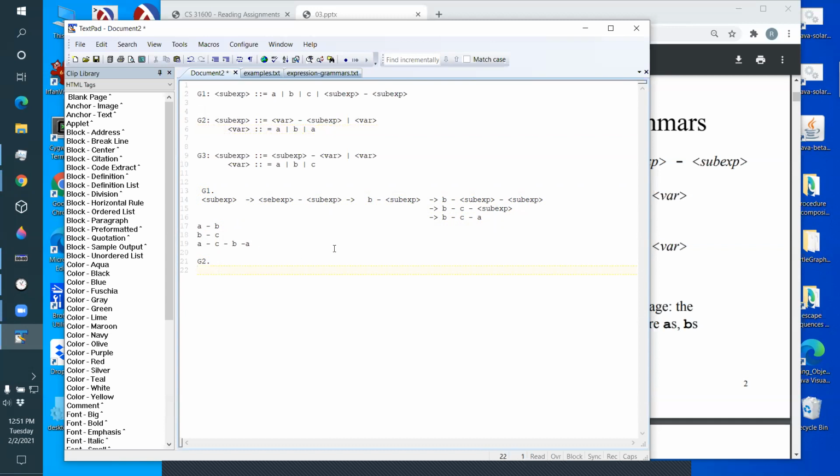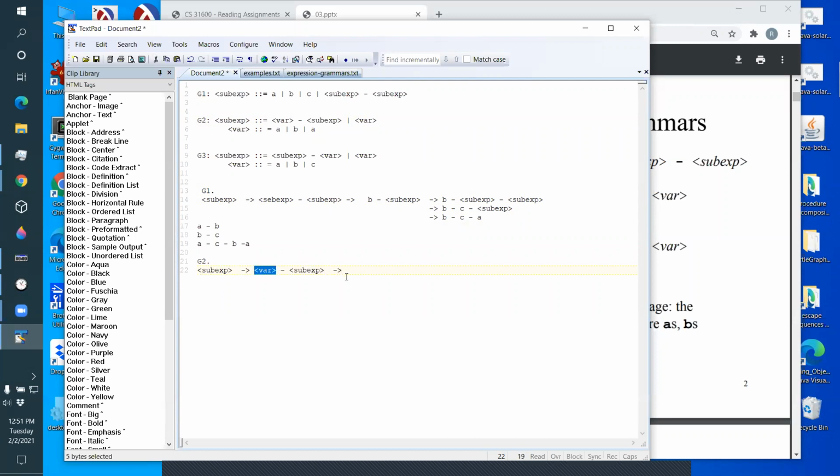So watch. I start G2 with the start symbol, and I ask, what does it expand into? Well, I can expand it into a variable, or I can expand it into this one. So I'll expand it into this one, which is a little bit more interesting. Then what does that expand into? I don't have any choice about this one.